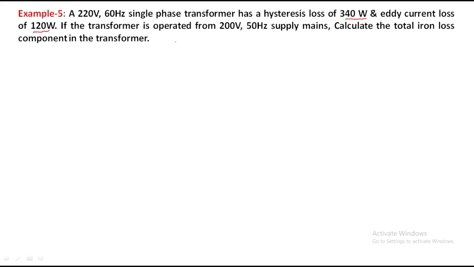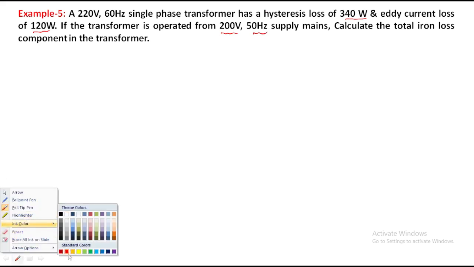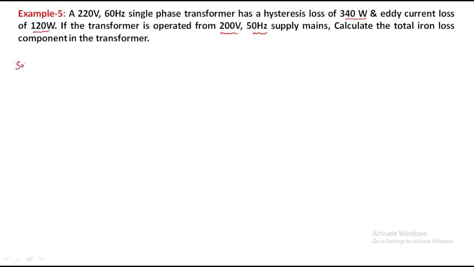If the transformer is operated from a 200 volt 50 hertz supply, calculate the total iron loss component in the transformer. This is a problem based on losses. Very important problems. We have most important problems on losses.